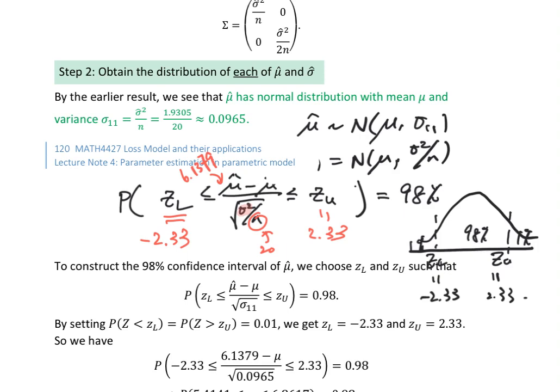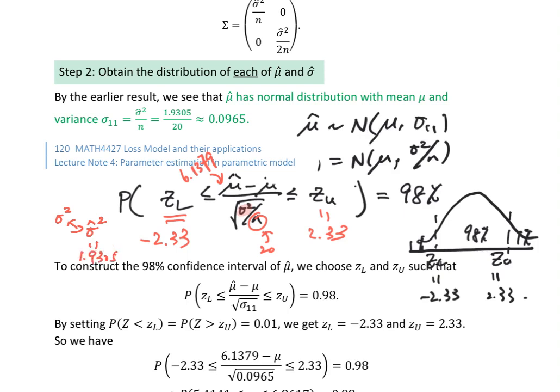In order to move on, you have to pick something to replace this sigma square. One possible solution is to replace sigma square by sigma hat square, which is equal to 1.9305.